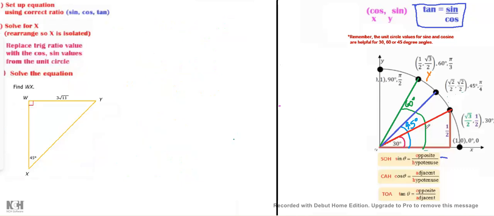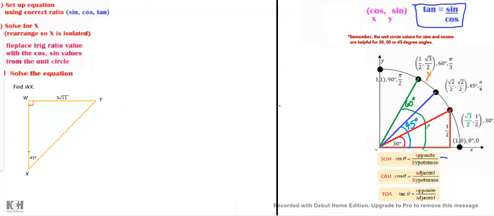Okay, this is problem number 2. Always look again to see how IXL wants your answer in what form. This one on your notes says that they also want it in radical form, simplified. So step number 1 is we're going to set up our equation using the correct trig ratio, sine, cosine, tangent.